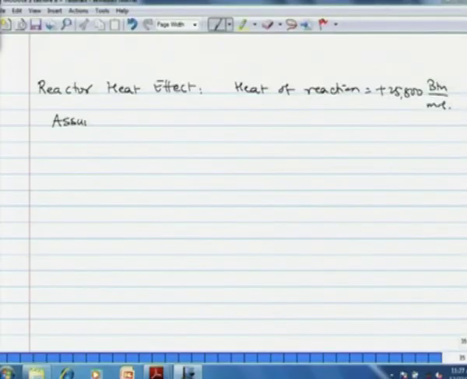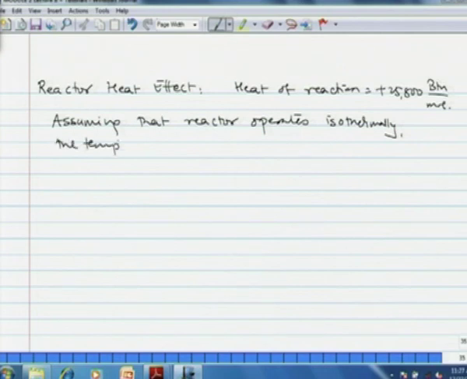Assuming that the reactor operates isothermally, which means that the temperature of feed and effluent from the reactor is the same, we can easily calculate the amount of heat that is required. Okay.